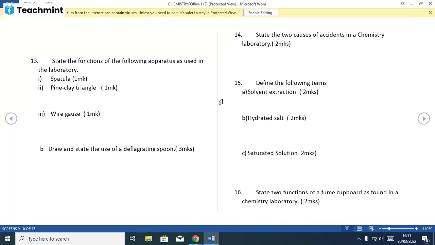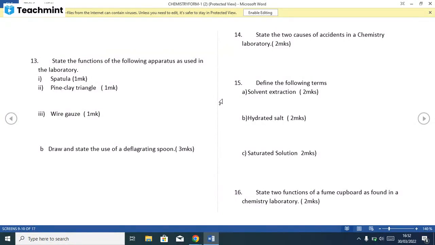Propanol is a solvent that is used in solvent extraction to obtain oil from nuts. Some nuts contain oil.